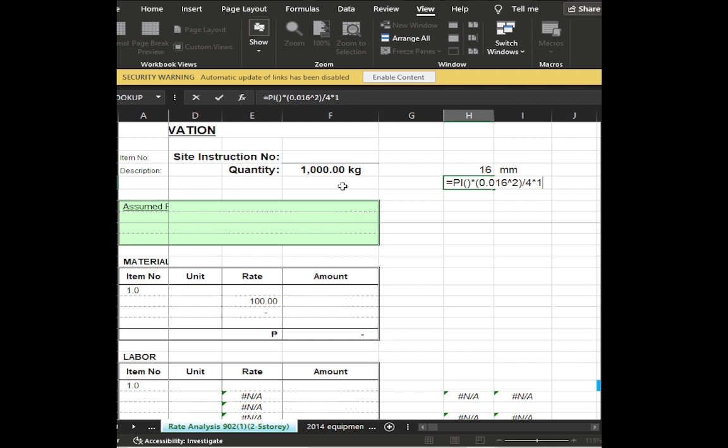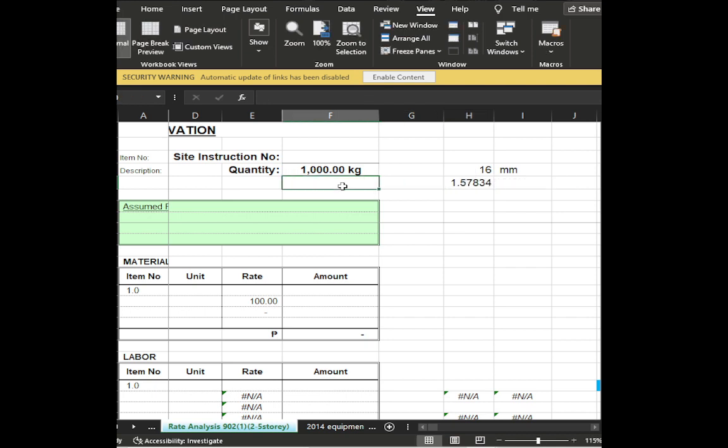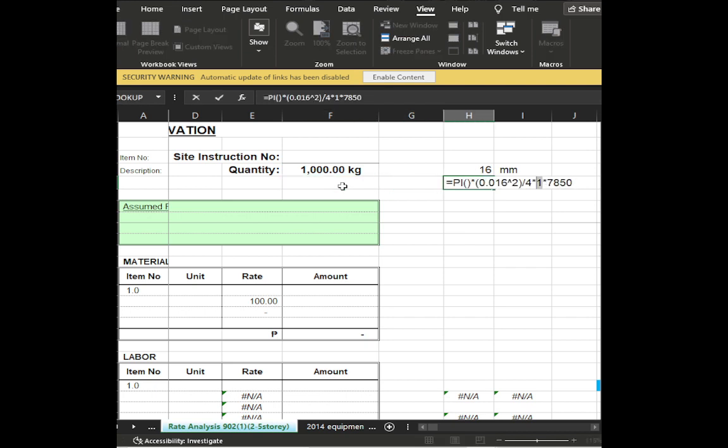And the unit weight of the steel, reinforcing steel, is 7850 kilogram per cubic meter. So if you multiply this area, guys, that is the volume. Then we will multiply it by kilogram per cubic meter.